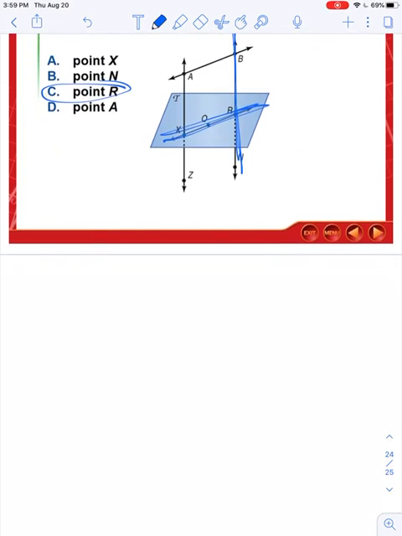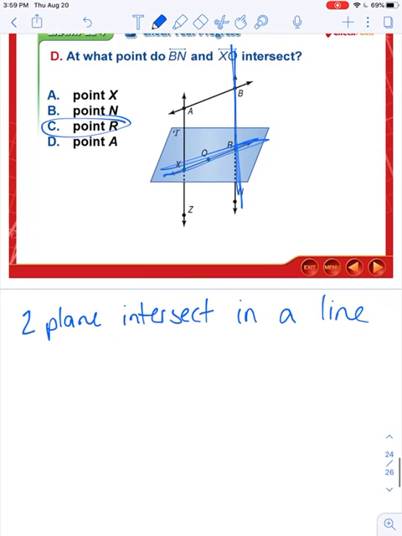Now, I do want to take a sec. This next slide is pretty important because these things will be on the test. If we have two planes, they intersect in a line. If you look up here at this guy, this plane intersects plane T at this line.